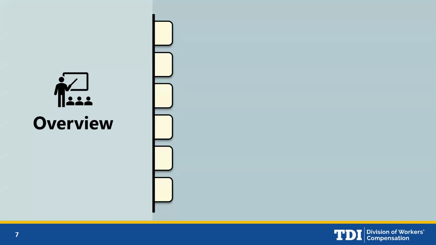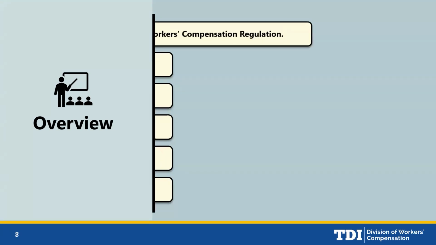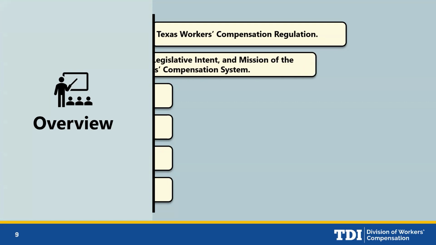The overview for today is we'll go over the regulation. When I say regulation, that means the act, which is also the law, and the administrative code, which is also known as the rules that give structure to the Texas workers' compensation system. Our goals, our legislative intent, the mission of the workers' compensation system will be reviewed here.